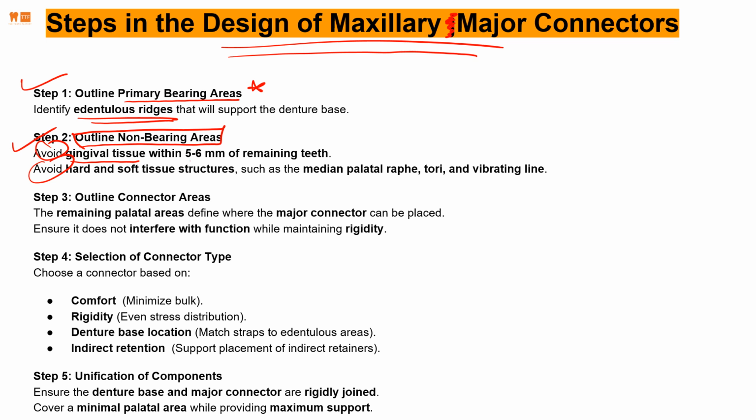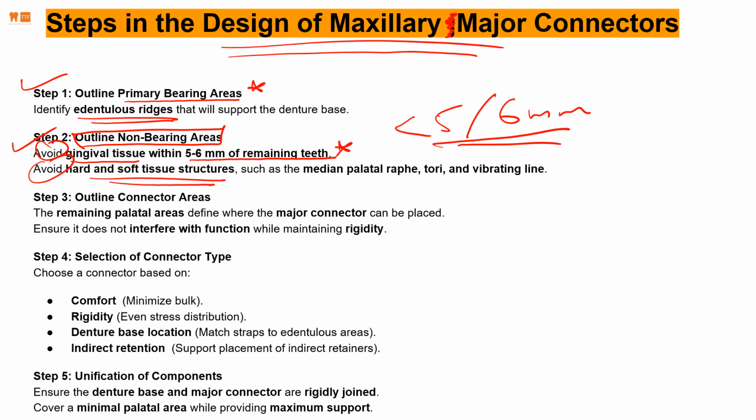Gingival tissues within 5 to 6 millimeters of remaining teeth. So any less than 5 or 6 millimeters of remaining teeth. Avoid hard and soft tissue structures, such as mid-palatal raphe, any tori, posterior vibrating area, the lines in the back, right? Soft palate.